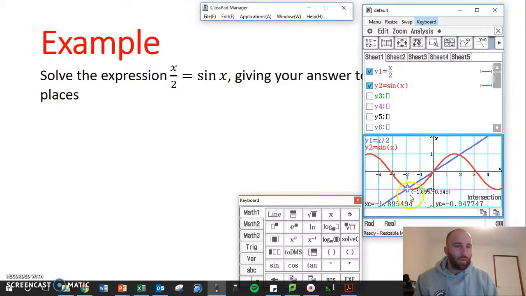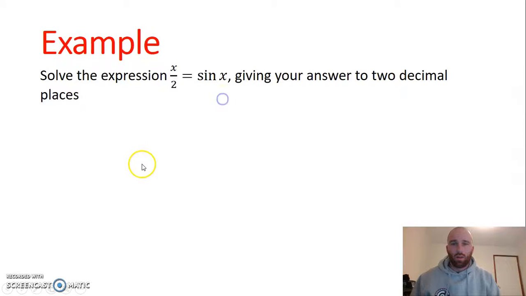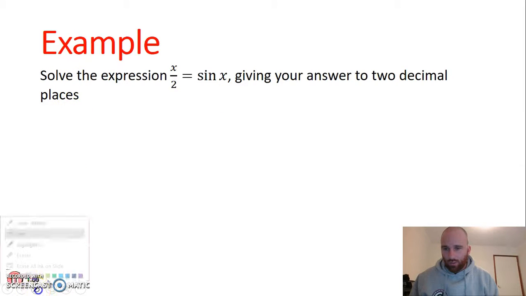See with the little pink arrow, my x value is negative 1.895 and my y is negative 0.947. Once we write down the first value, I'm going to go back to this screen here and change my marker.